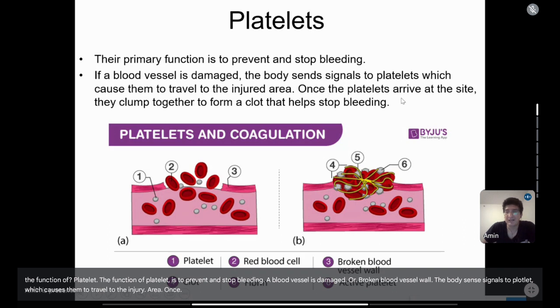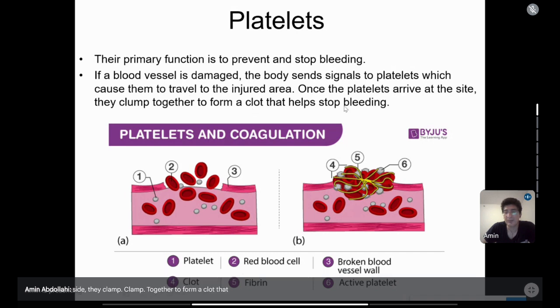Once the platelets arrive at the site, they clump together to form a clot that helps stop bleeding.